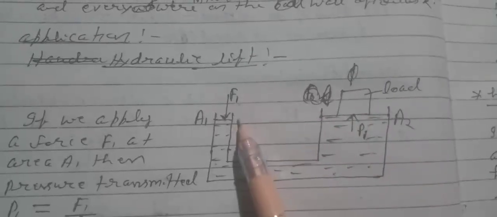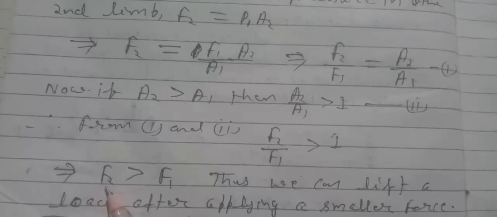Let's consider, if we apply a small force, this will lift this load, because from this formula we see that F2 is greater than F1. If we apply F1 and here F2 force is acting, after solving this we see that F2 is greater than F1.